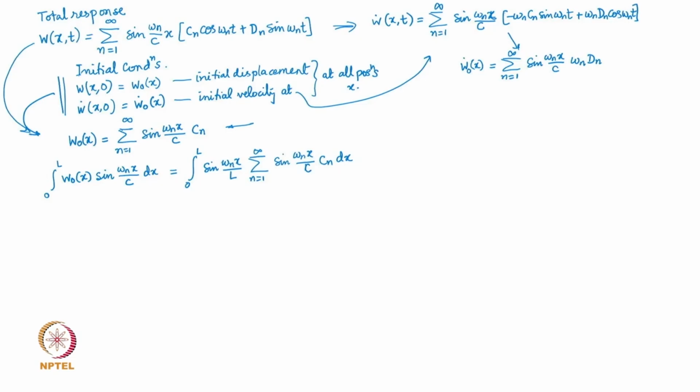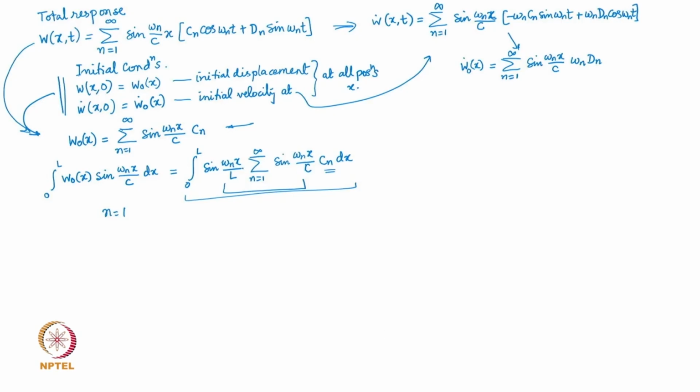Now it is straightforward. You might have done this while learning the Fourier series decomposition, that the product of this term and this term is 0 when you multiply terms where the value of n is not the same. So for example, if you are trying to find the Cn value for n equal to 1, only one term on the right hand side summation series is retained, and all the other terms are going to be 0.